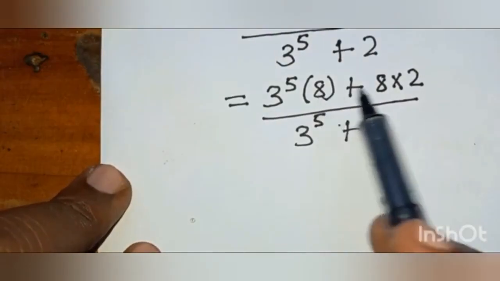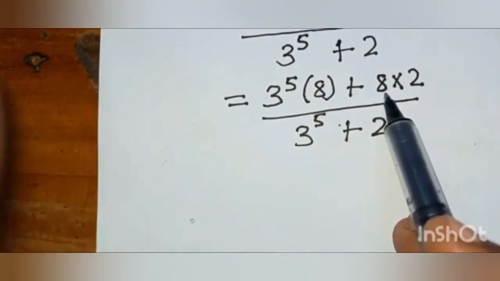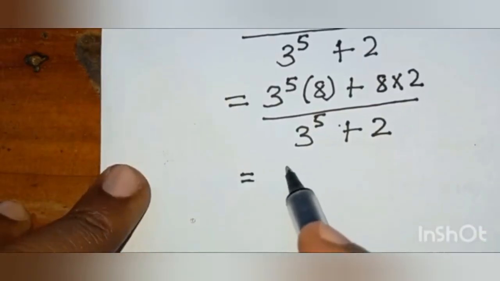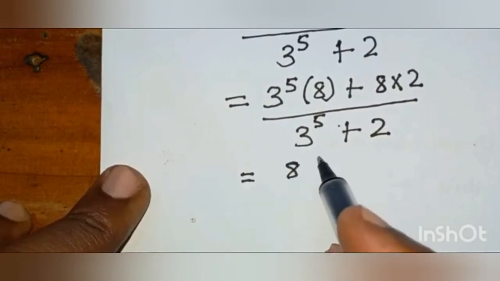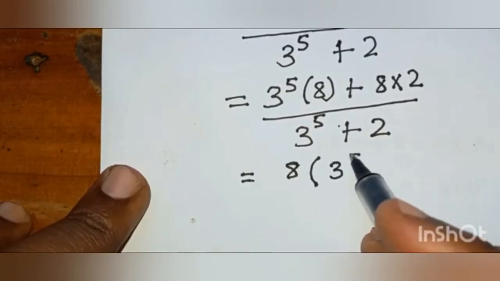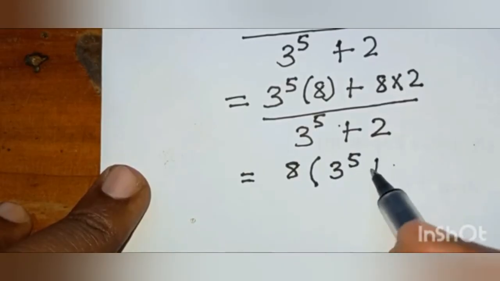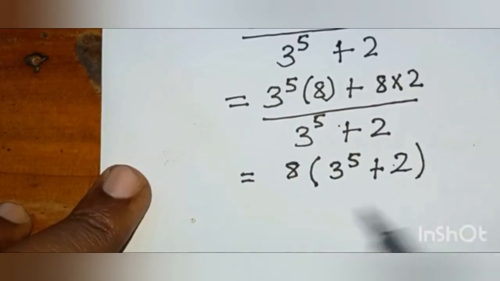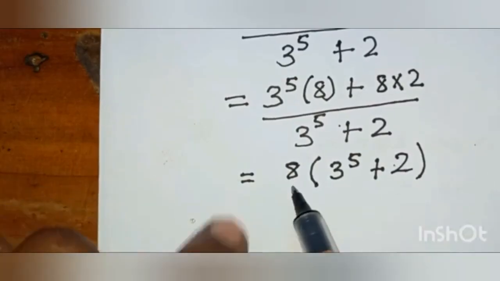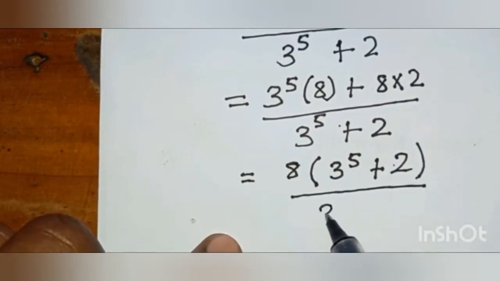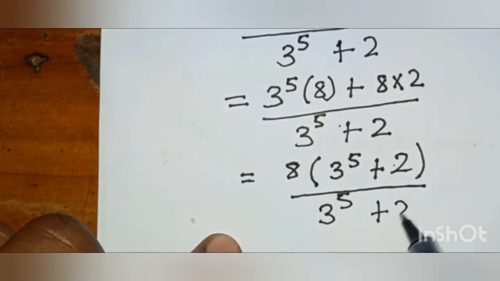Here we have 8, here we have 8. We can factor out 8. So we have 8 in the bracket, 3 power 5 plus, here we remain with 2 because 8 is already outside, over 3 power 5 plus 2.